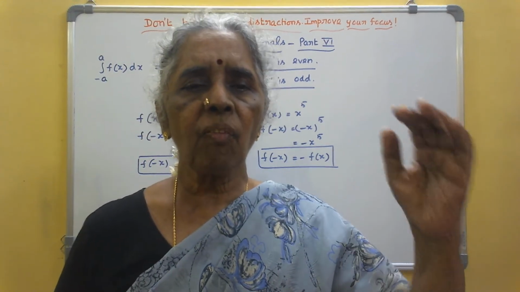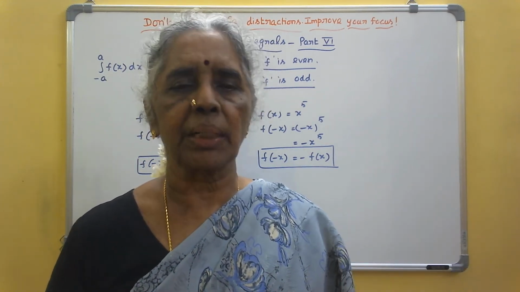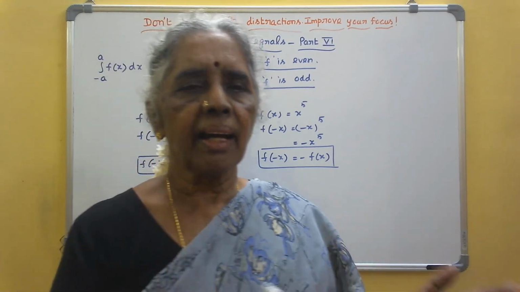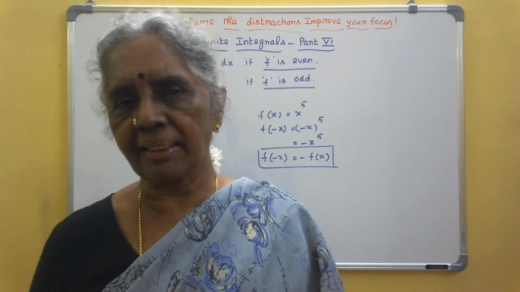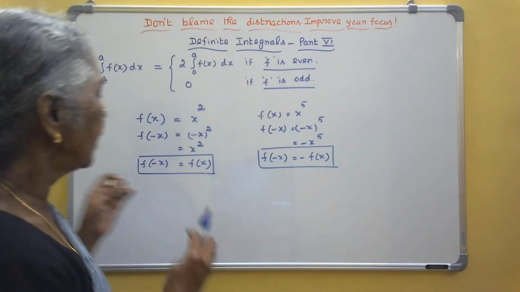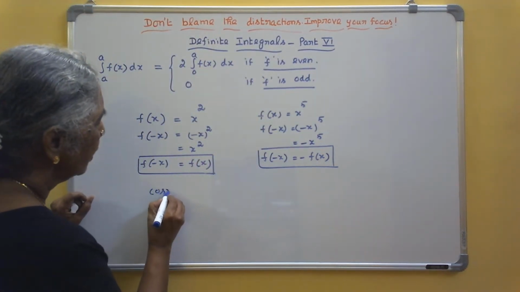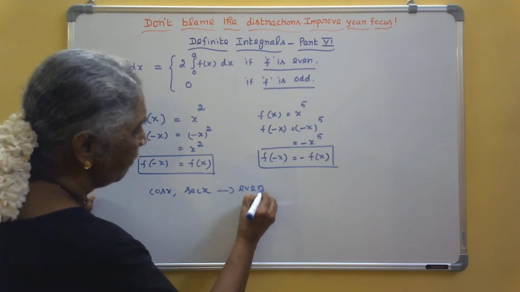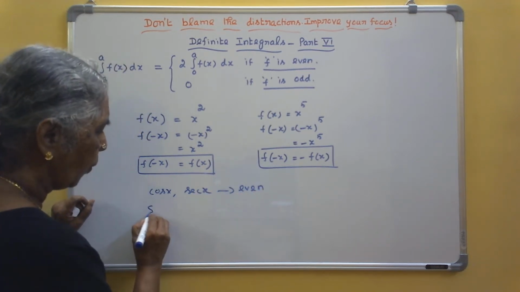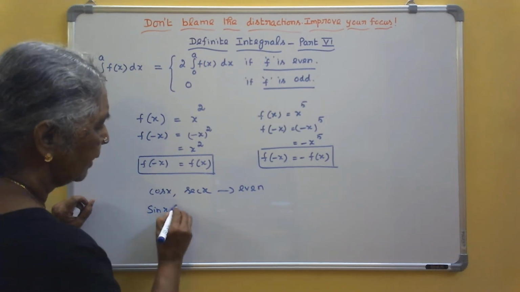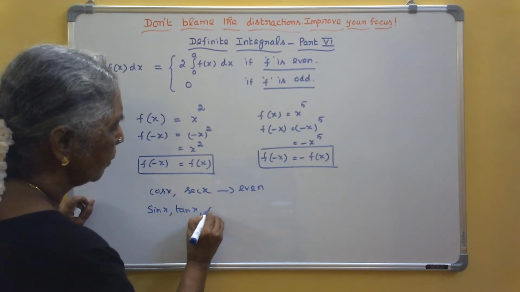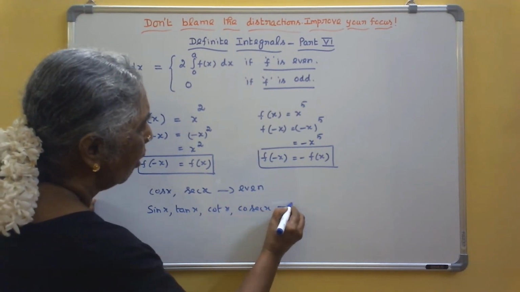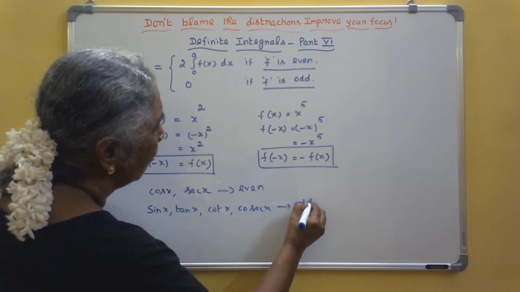For the other 4 trigonometric functions, sine of minus x is minus sine x, tan of minus x is minus tan x, and so on. Therefore, cos x and secant x are even functions, and the other 4, that is sin x, tan x, cot x, cosecant x, are all odd functions.